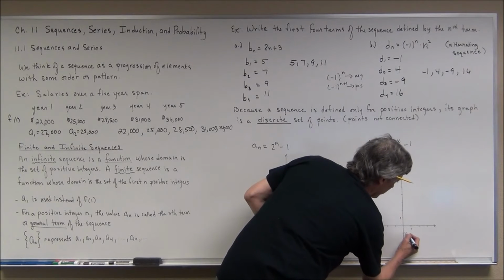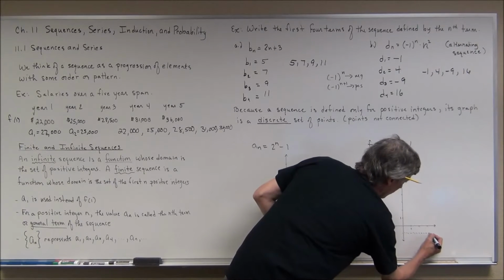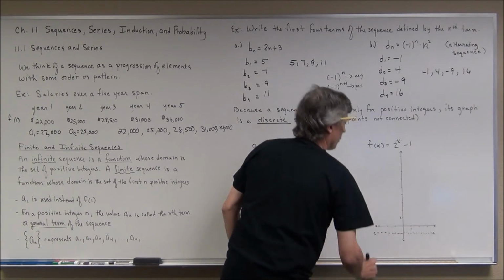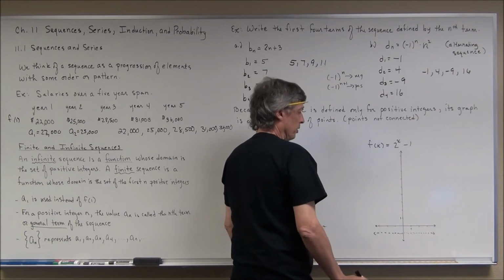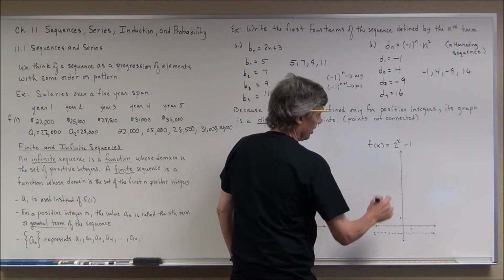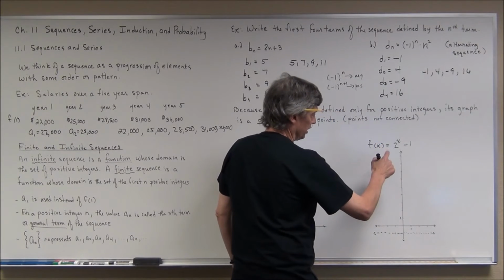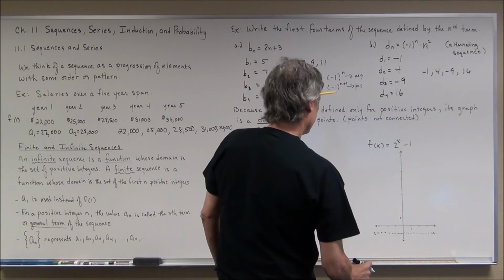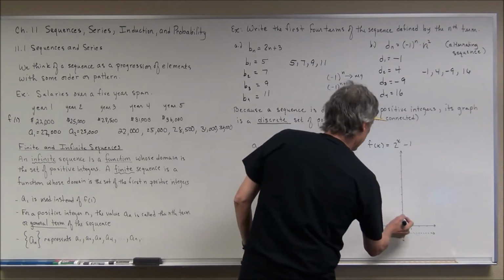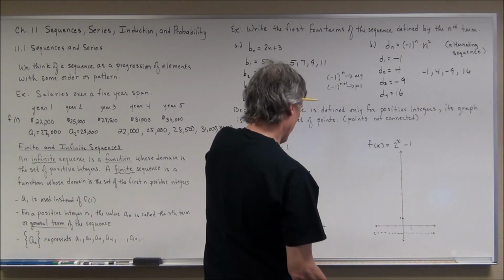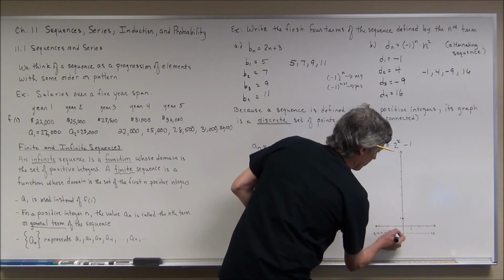It would have, as we know from our work with exponential functions in a previous chapter, a horizontal asymptote. If I plug in 0, I have positive 1. If I plug in negative 1, I have negative a half. Okay, here we go.